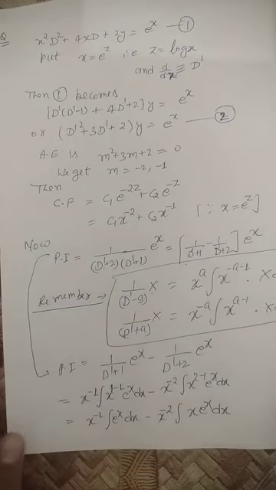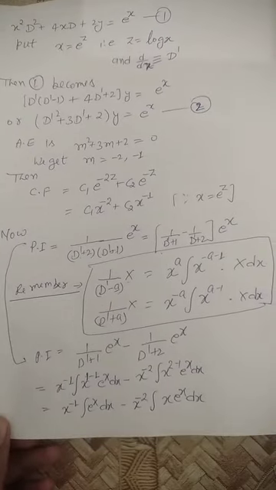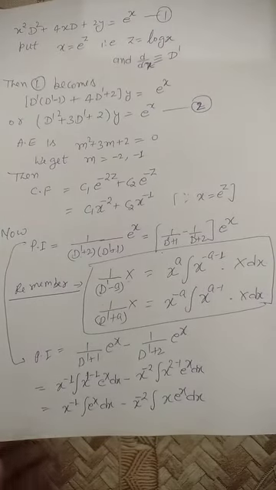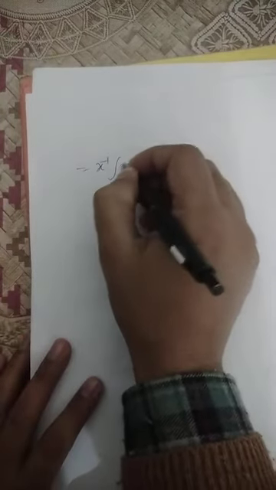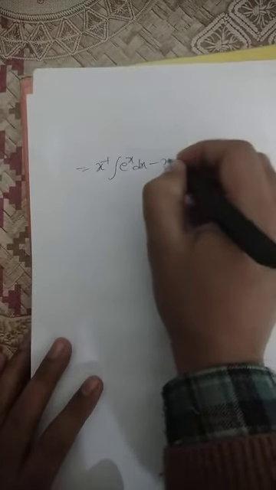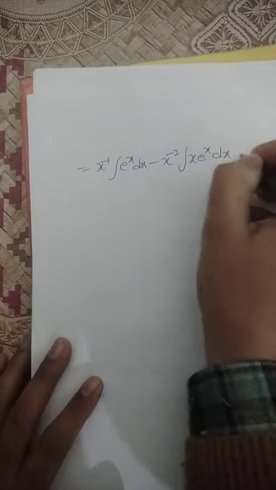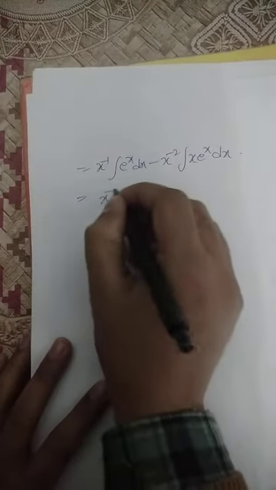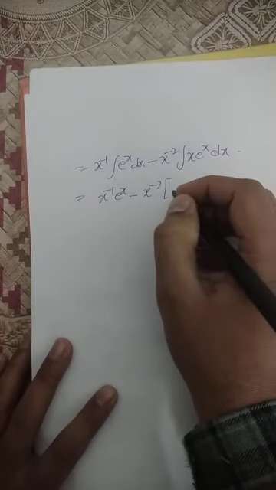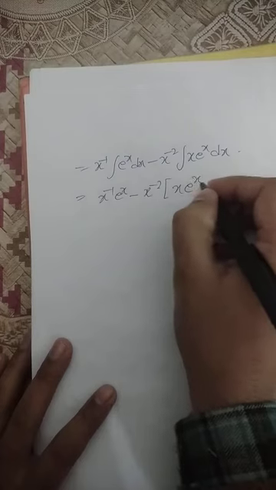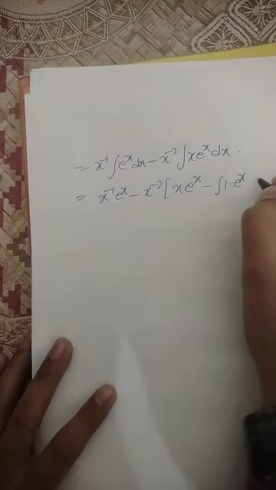Now you can integrate this easily. The first part is simple. The second is integration by parts, and you can easily write this as x e to the power x minus the integral of 1 into e to the power x dx.